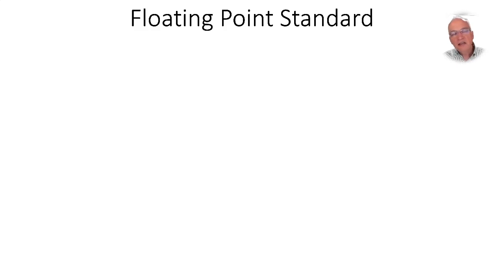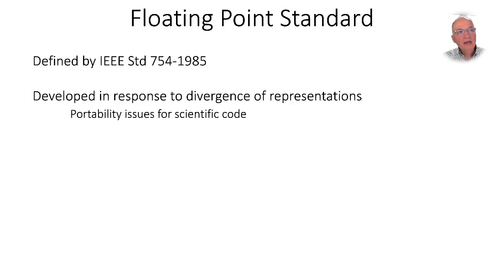So there is a standard for floating point representation that's defined by the Institute of Electrical and Electronics Engineers, and this standard is the standard 754 from 1985. The reason this standard was created is because there were divergent representations.